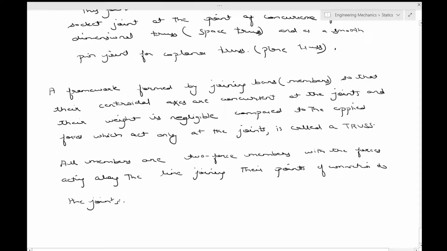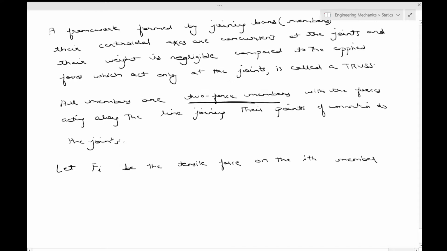So because it's a two force member, it really makes the analysis somewhat easy. So let Fi be the tensile force on the ith member at its end.